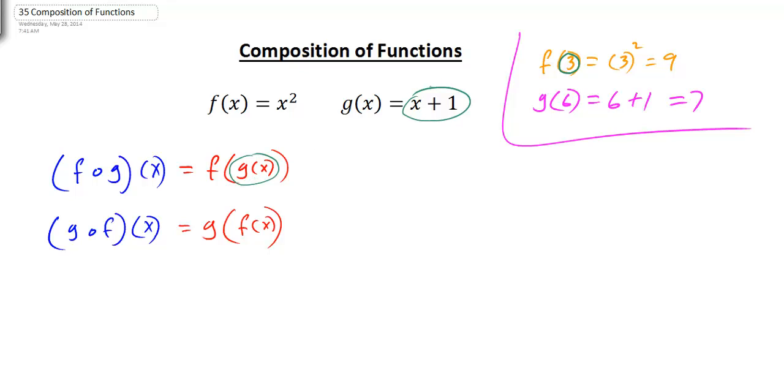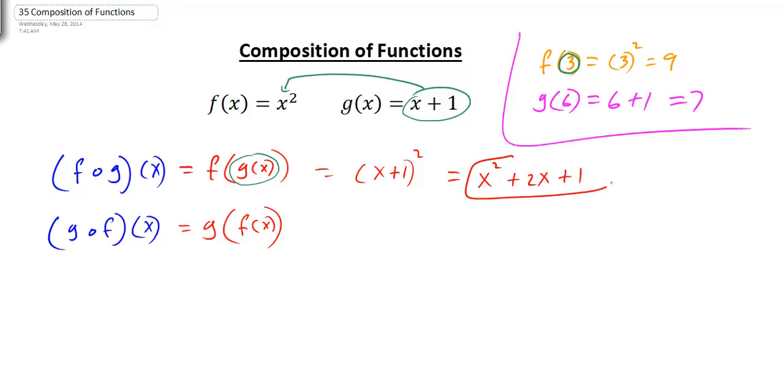X plus 1 is our g of x, and we're going to plug that in for the x. So we would end up with x plus 1, the quantity squared. Okay, so then we could certainly square that, and we would have x squared plus 2x plus 1.